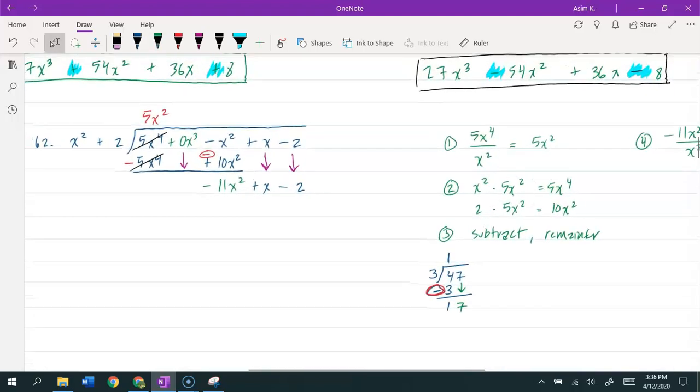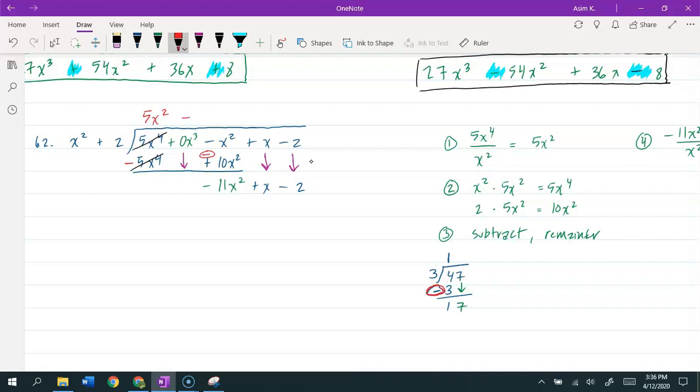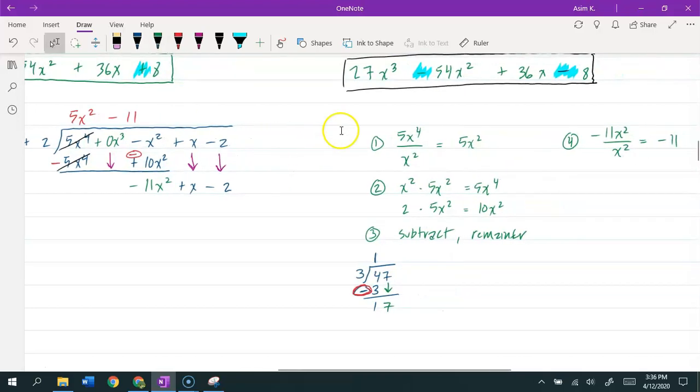And so we're going to go to the top again and put a negative 11 in that space. Then what is the thing that we did in step number 2? Whatever we had found in that first step, we multiplied it by the divisor.